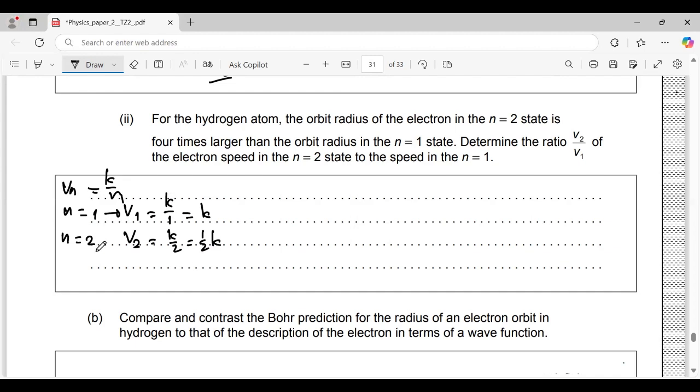This way, we can compare v2 over v1, the ratio we are going to find. So v2 is k half times 1 over k, which is 1 over 2. So the ratio v2 over v1 is 1 over 2, or half.